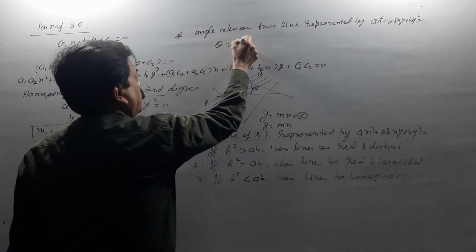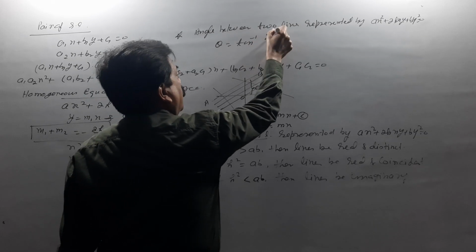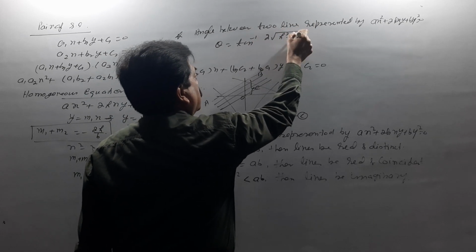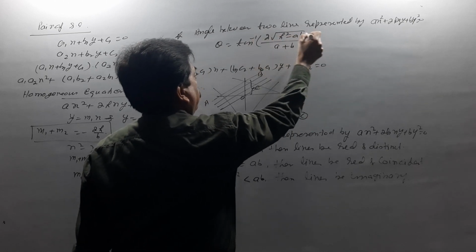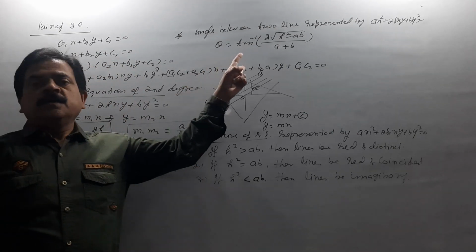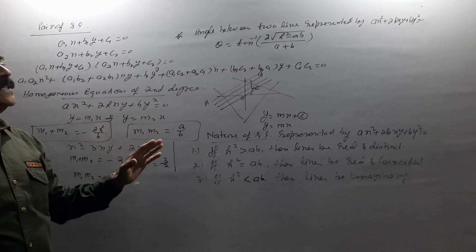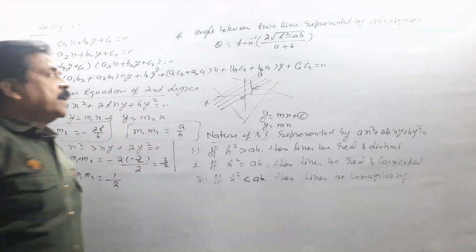Theta is equal to tan inverse of 2 root h square minus ab upon a plus b. This formula gives the angle between two lines represented by the homogeneous equation of second degree.